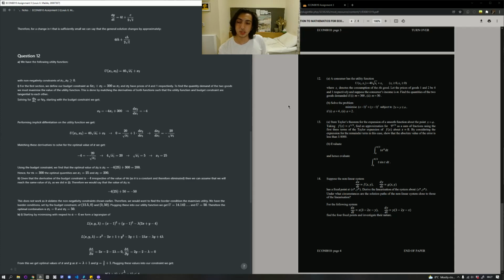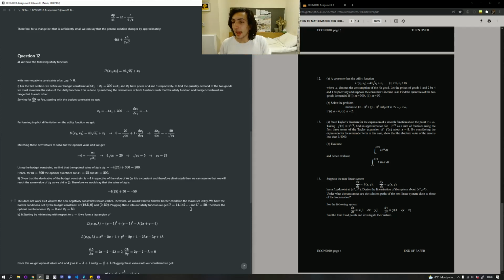So the boundary conditions for our budget constraint, which is 4x1 plus x2 equals 50, is 12.50 and 0.50, and we get a utility of 14.142 and utility of 50, respectively. So we would say that the border condition that works for us best is going to be the one where we are maximizing x2. So that's generally what works for us.